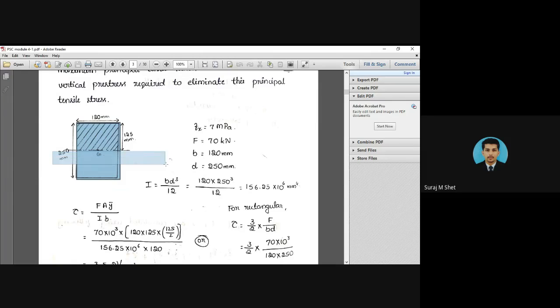A into Y bar is the area above the neutral axis into Y bar. So the area of this is 120 into 125, into Y bar. Y bar is 125 divided by 2.